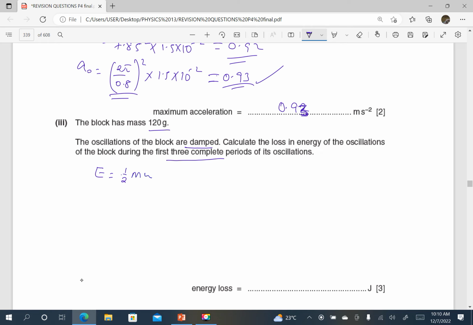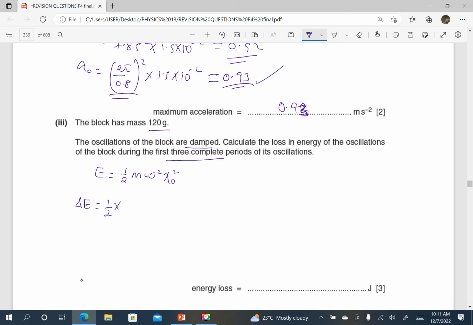Energy is equal to a half m omega squared times x naught squared. So that is total energy. So the change in energy, the loss in energy, delta E, is going to be a half.